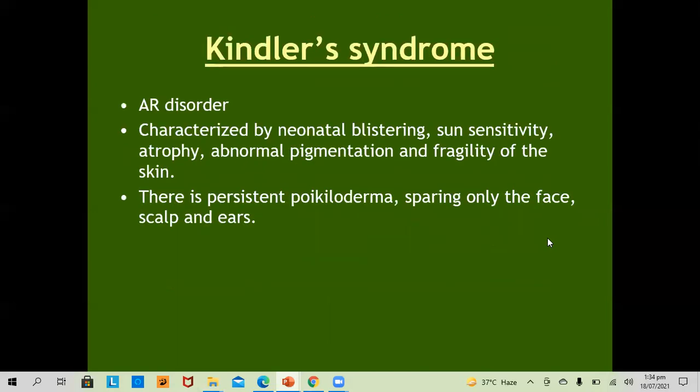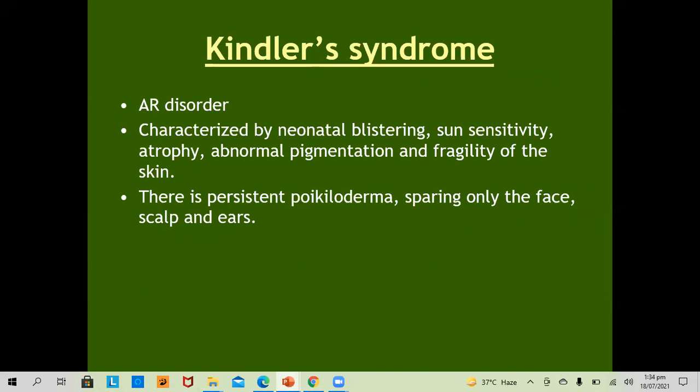Kindler syndrome, we have discussed in detail in the epidermolysis bullosa chapter. It's an autosomal recessive disorder that is characterized by two features. The first is neonatal blistering, along with poikiloderma.